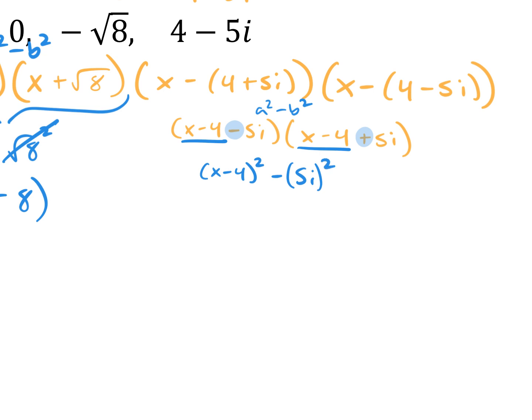So x minus 4 squared would be x squared minus 8x plus 16 minus 25i squared. We have to square the 5 and square the i. And what does i squared change to? Negative 1, so that would make it a positive 25. So this would be x squared minus 8x plus 41.